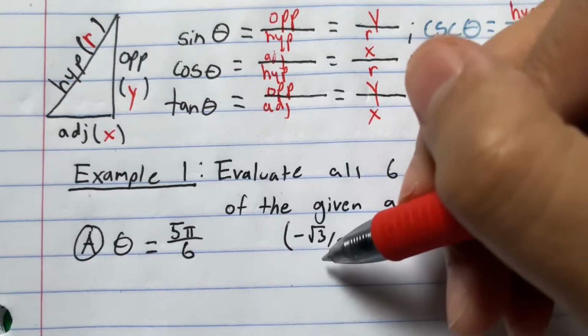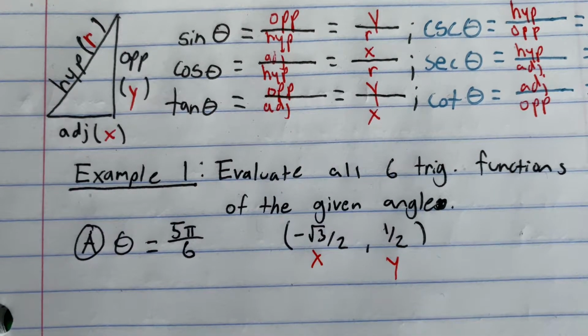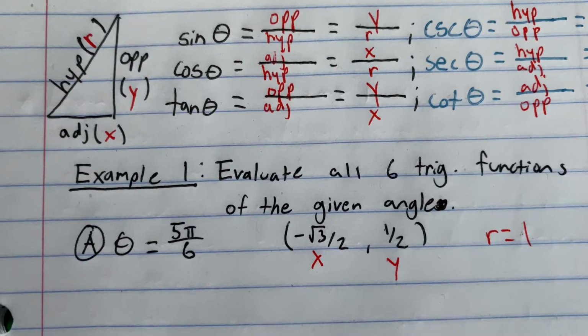And so I'm going to represent this as X and Y. And you're wondering, what is R? If you remember from the unit circle, the special triangle, we know that R is always equal to 1.